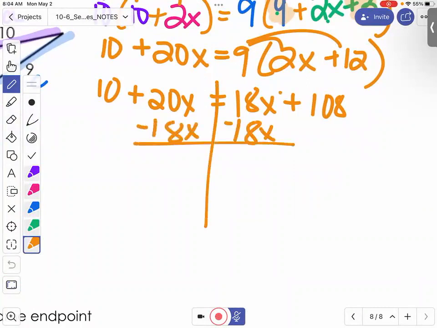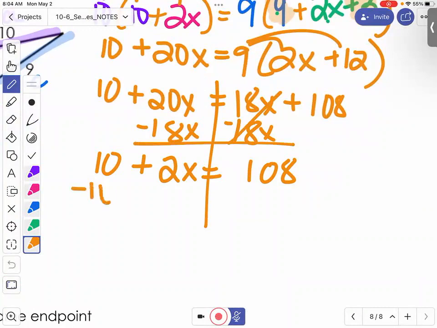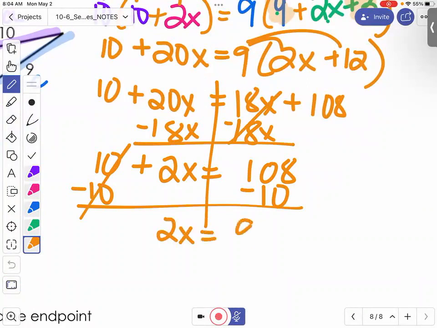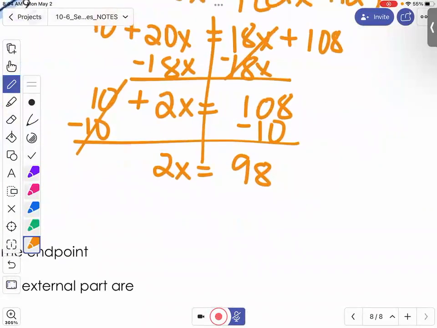So minus the 18X to both sides. So I have 100 plus 2X on the left equals 108 on the right. Now I'm going to leave the 2X alone and subtract my 100. So my 2X equals 8. Now we're going to keep going so I can divide out that 2.